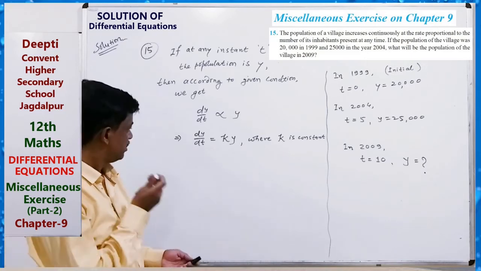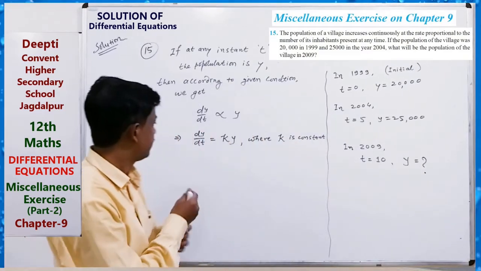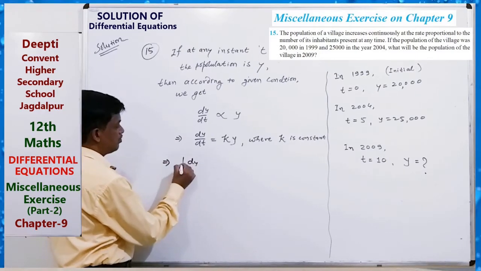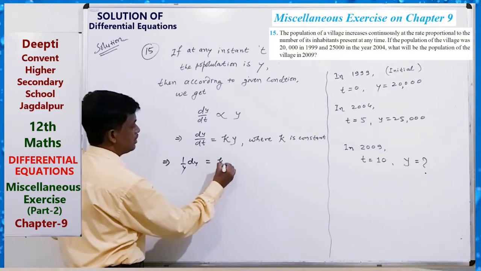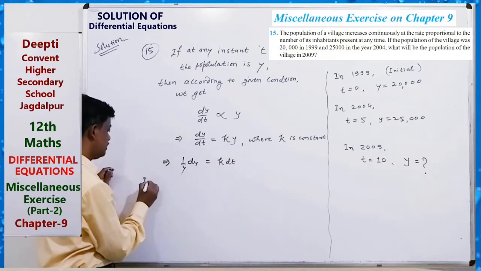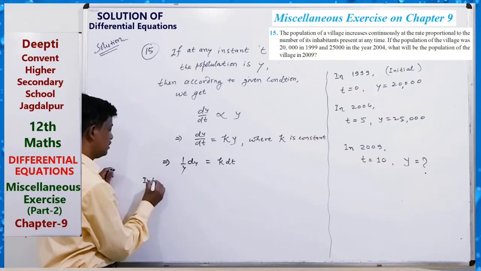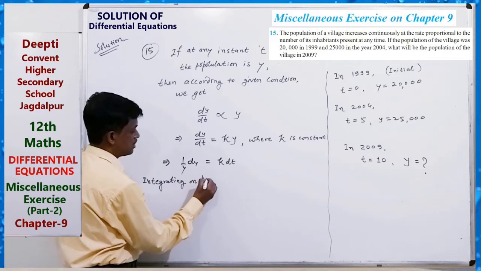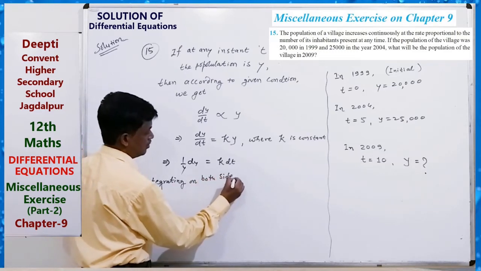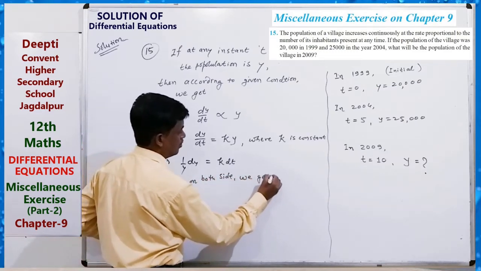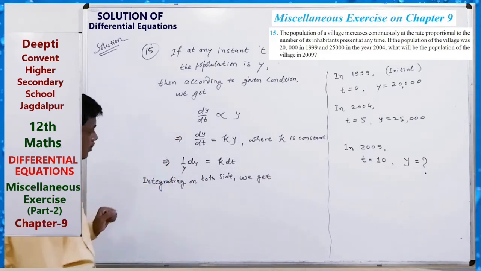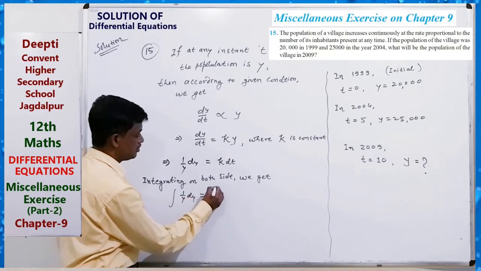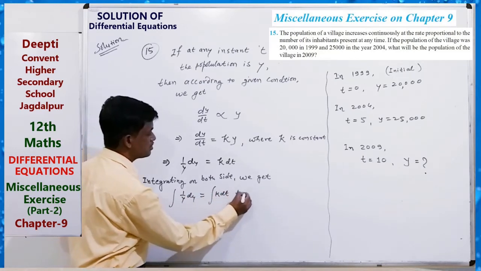Very simple. dy upon y equals k dt. Integrating on both sides, we get the integration of 1 by y dy equals the integration of k dt plus c.